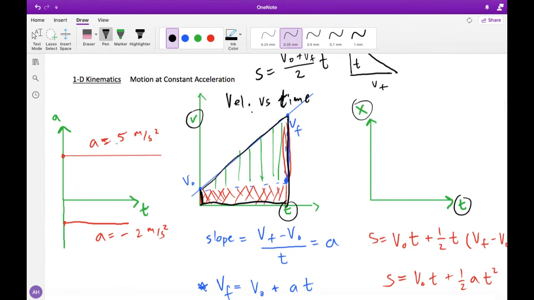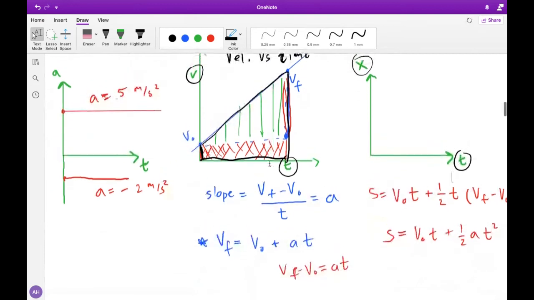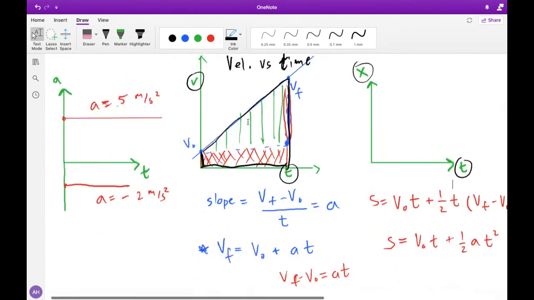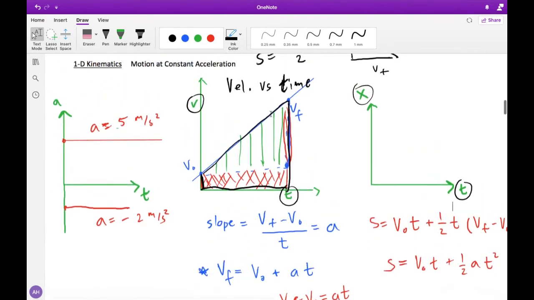If you take the slope of a velocity time graph, it gives us the acceleration. And if we find the area underneath this curve for a velocity time graph, it actually gives us the displacement.